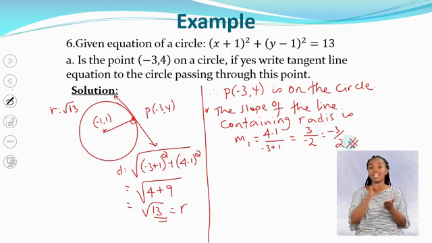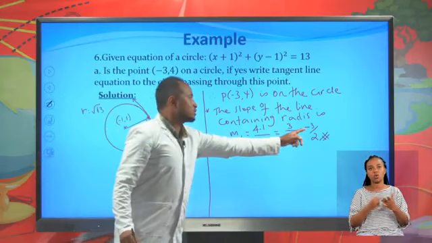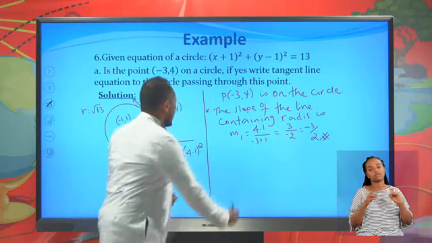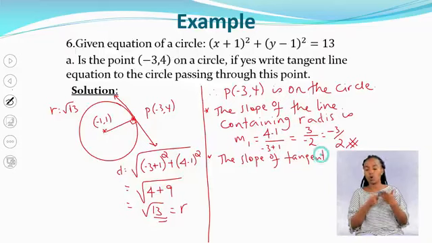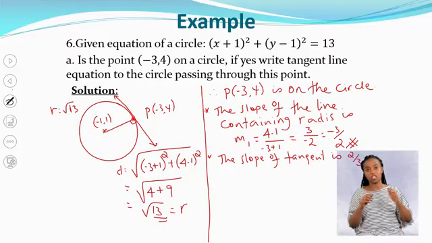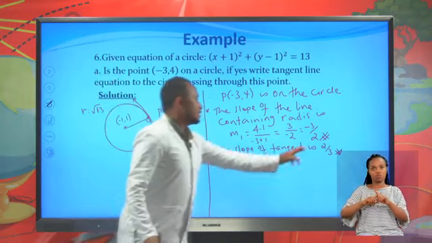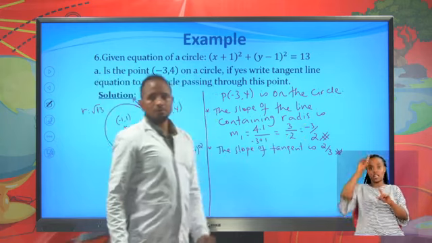This is the slope of the line containing the radius. So the slope of the tangent line is the opposite reciprocal of this one, which is 2/3, since they are perpendicular and the product gives you −1.